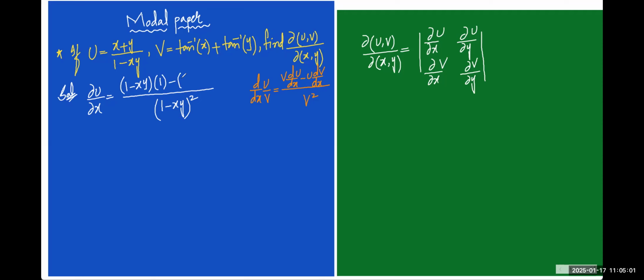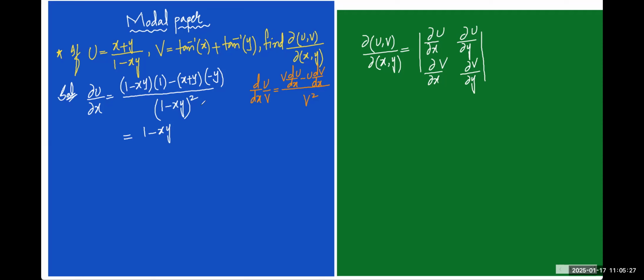Minus x plus y, that is u, will be the same. Now the differentiation of v: for the denominator, we differentiate partially with respect to x. 1 is a constant, 0. X becomes 1. So minus y is left. If you simplify, we get 1 minus xy.